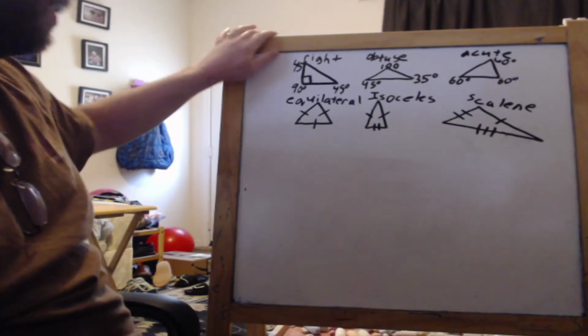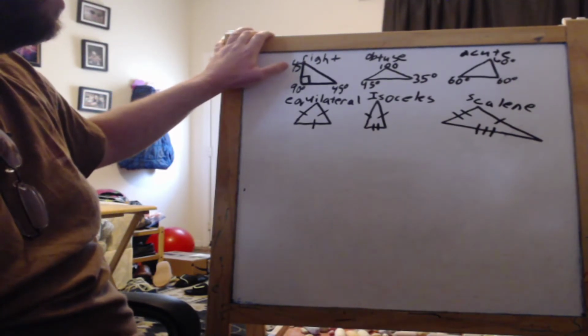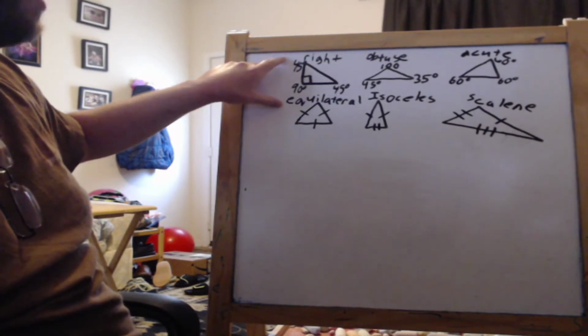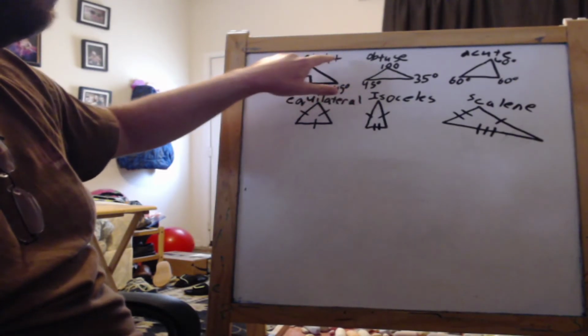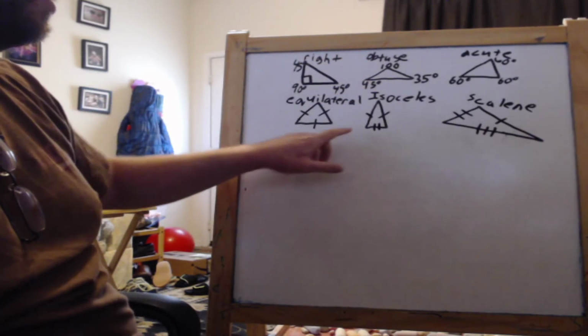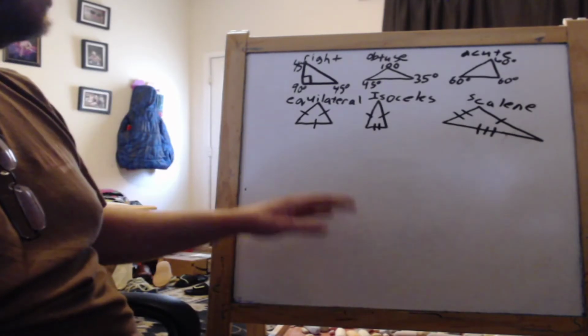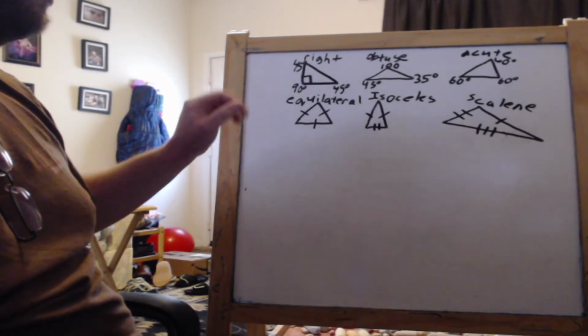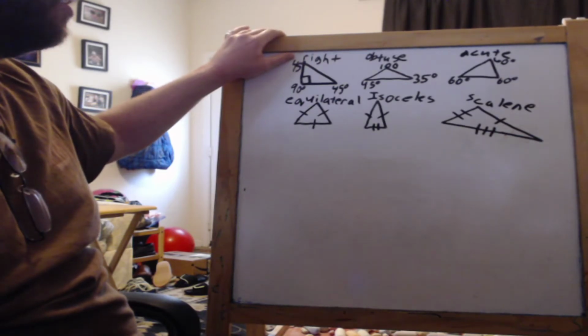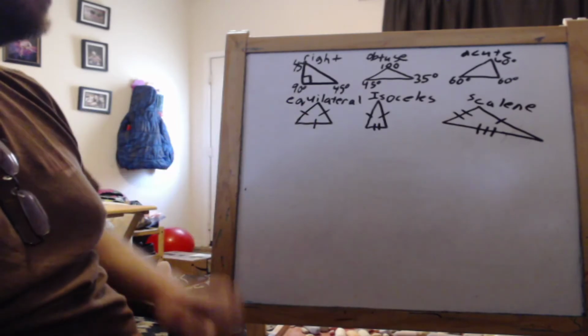Okay? Now, the interesting thing is because these types of triangles are measuring different things, angles for the top ones and length of the sides for the bottom, that means that you can have triangles that are right and then isosceles or right and scalene.